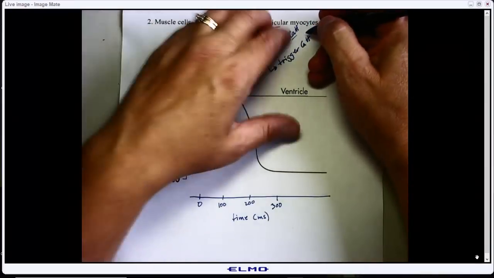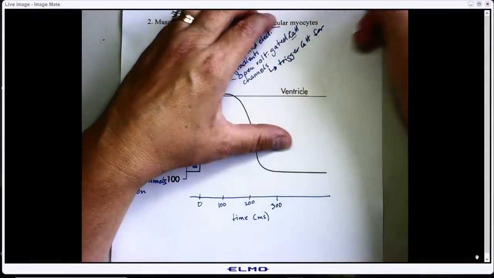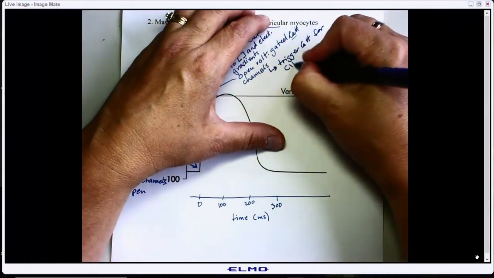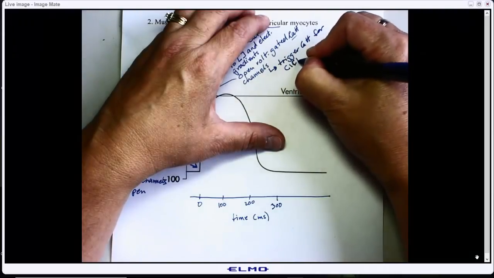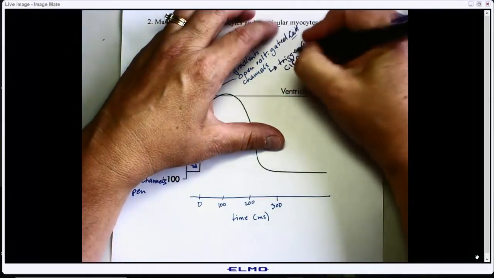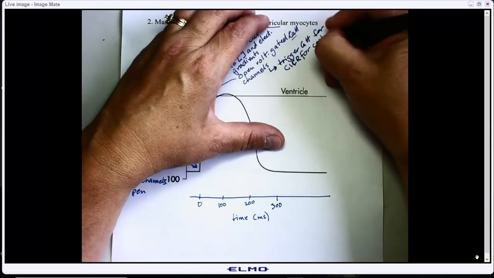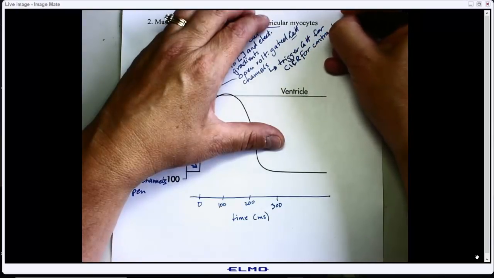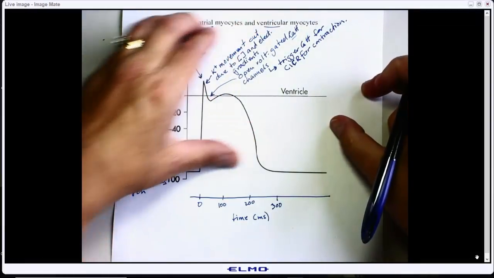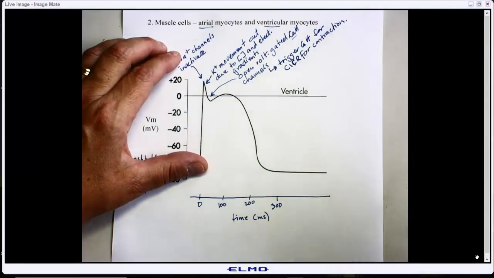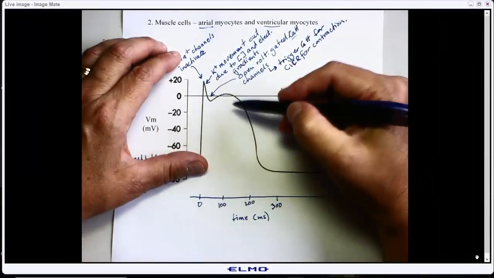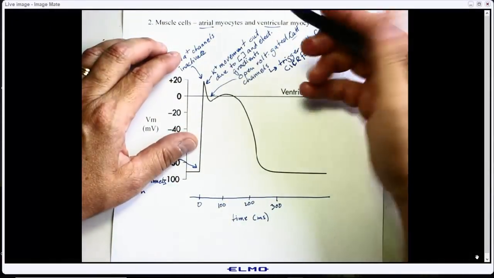So this is going to be for that calcium-induced calcium release for contraction. Now the muscle is going to be contracting, or start to get the machinery up and running for contraction.